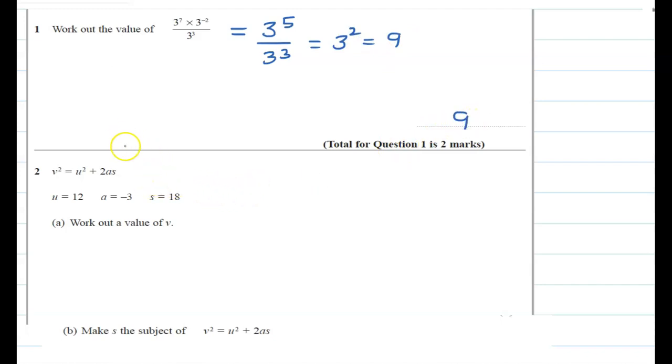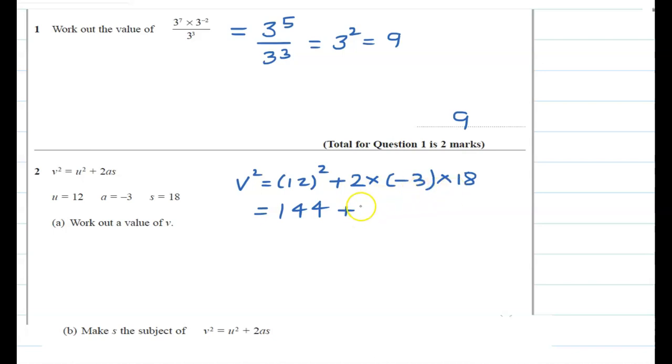If you see the second question, v square equals u square plus 2as. u is 12, a is minus 3, and s is 18. Work out the value of v. If you substitute in, v square equals 12 square plus 2 times minus 3 times 18. 12 square is 144, plus 2 times minus 3 is minus 6, and minus 6 times 18 is minus 108.